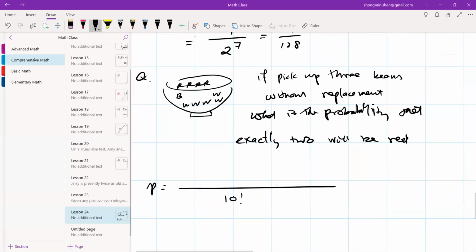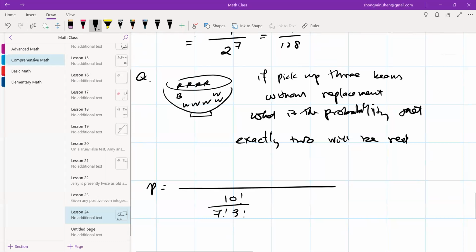If the order doesn't matter, pick 3, there will be 10 factorial divided by 7 factorial and 3 factorial, if we don't count the order.